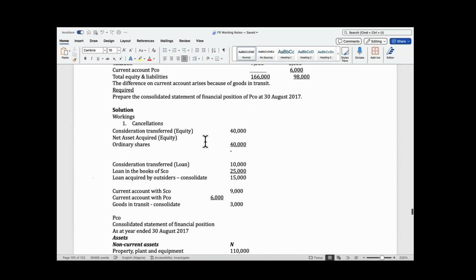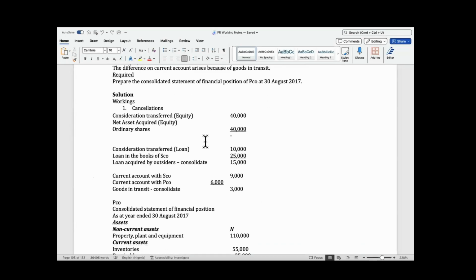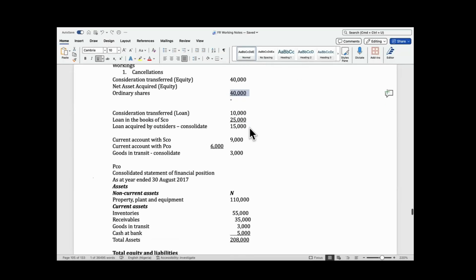So, I did all the workings for my cancellations. I canceled out my investments against the net assets of the subsidiary. I canceled out the loan that I bought against the loan in the books of the subsidiary. The remaining 15,000 is loan acquired by outsiders, so I will consolidate that.